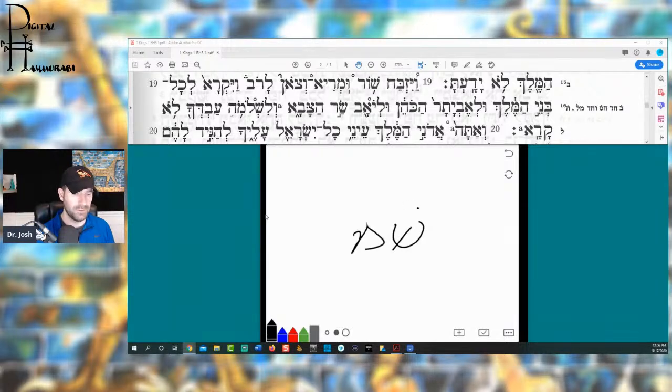These three letters, shin, mem, resh, have the idea of guarding something, right? So if you see shin mem resh, it's probably going to have some idea of guarding something, or protecting or watching over or whatever.